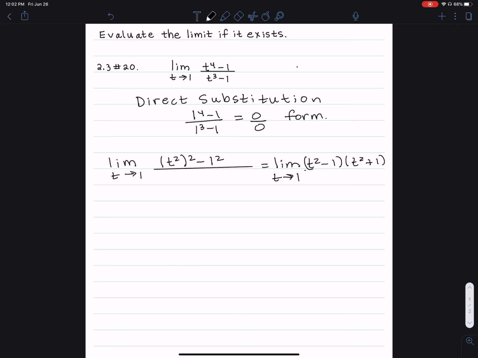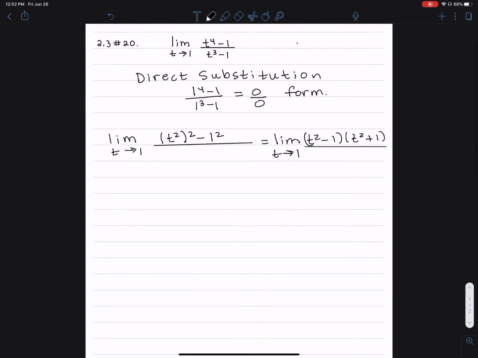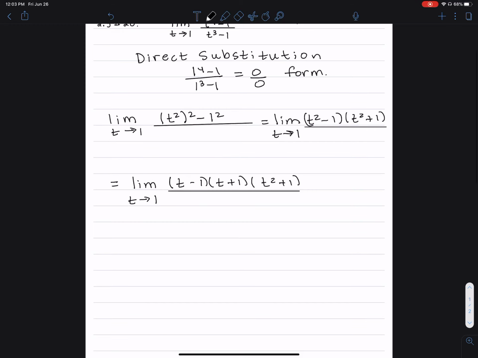Could do that on the side of the paper, but anyway, I have that. And that will factor even further as t minus 1, t plus 1, t squared plus 1, because t squared minus 1 is also a difference of squares. So difference of squares factors.